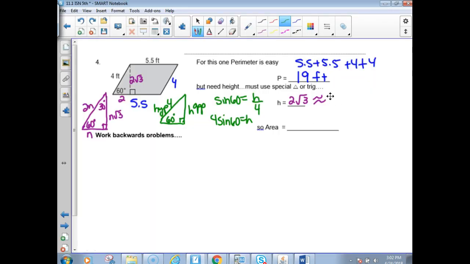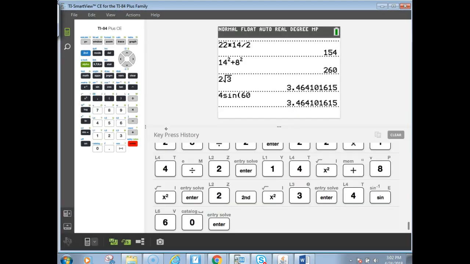All right, so we got 3.46 as a decimal. So the area, you got a base of 5.5. All right, so 5.5 times 3.46. Go ahead and calculate. I guess I could just type times 5.5 on my calculator. You do not divide by 2.